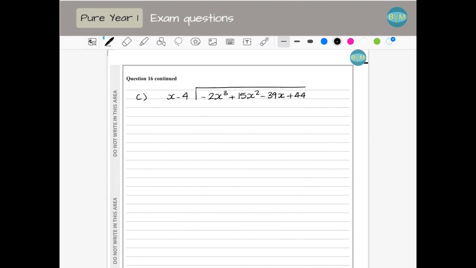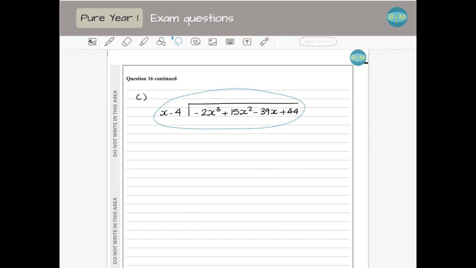If I don't, I did something wrong. So minus 2x cubed divided by x is minus 2x squared. I multiply this by this, remember, so minus 2x cubed. Then I multiply this by this, I have positive 8x squared. And I subtract.